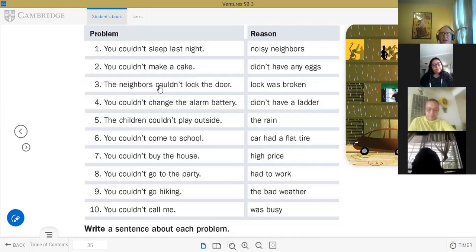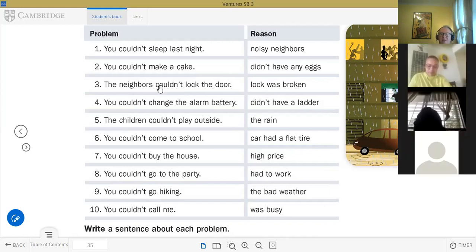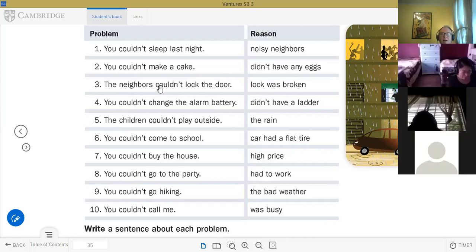All right. How about the next one? Why couldn't you change the alarm battery? Because I didn't have a ladder. Exactly. All right. The next one says, why couldn't the children play outside? Because of the rain. Perfect. You guys got this. All right. How about the next one?